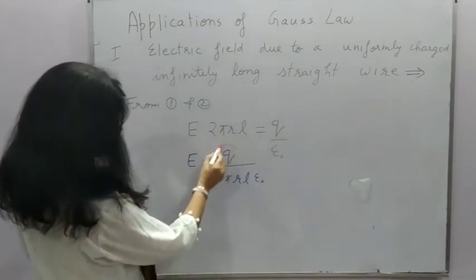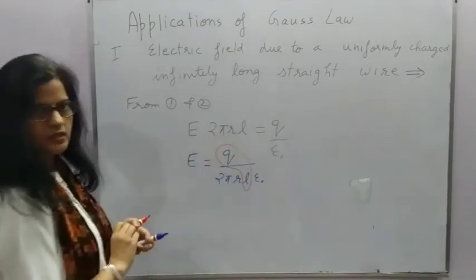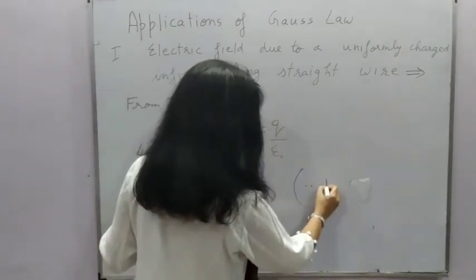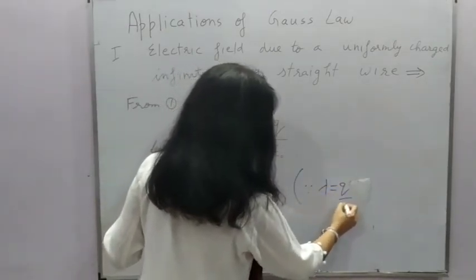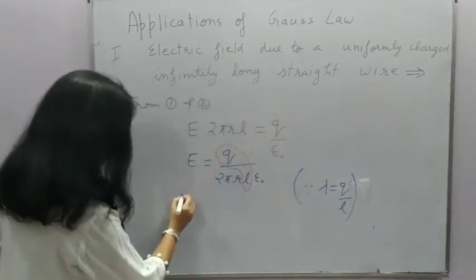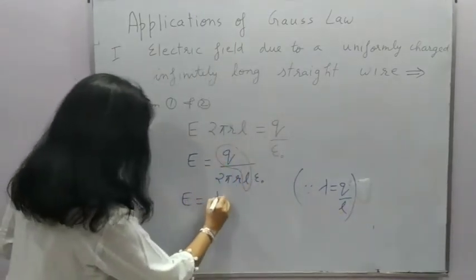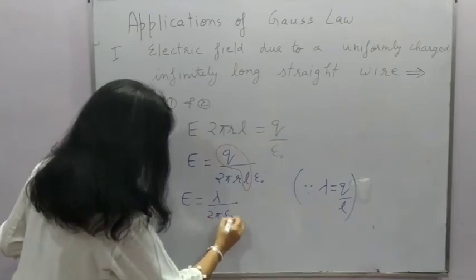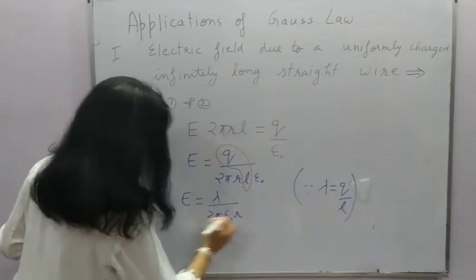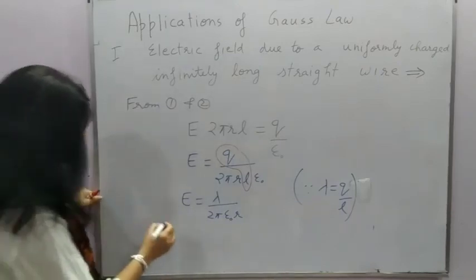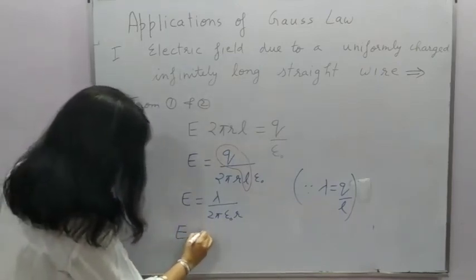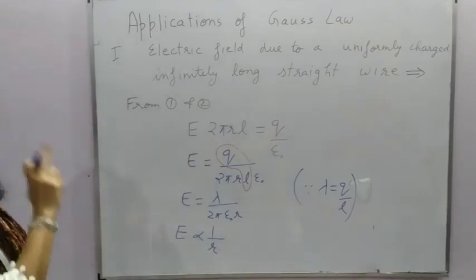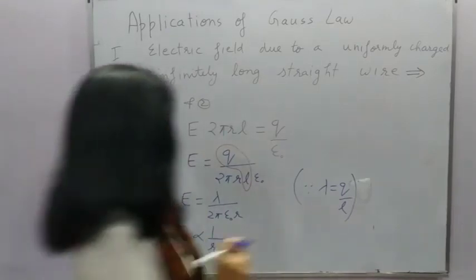This Q upon L is lambda, which is the charge per unit length. So we can replace it by lambda, and our equation becomes E equal to lambda upon 2 pi epsilon naught R. This means E is inversely proportional to the distance of the point from the infinitely long straight wire.